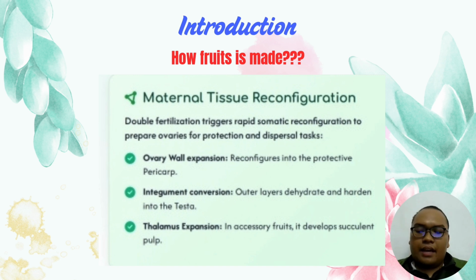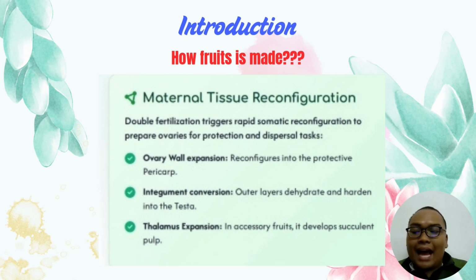Fruit development starts after fertilization occurs in a flower. After pollination, the ovary inside the flower begins to grow and change. This ovary eventually becomes the fruit. At the same time, the ovules inside the ovary develop into seeds.